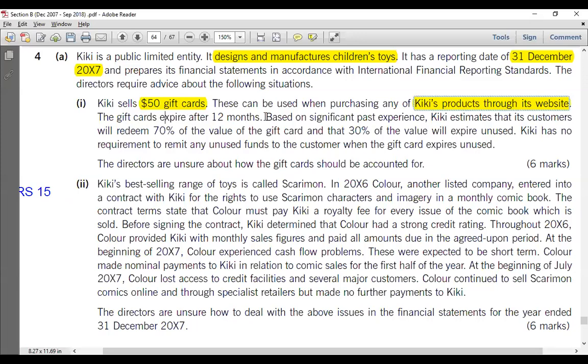The gift card expires after 12 months. Based on significant past experience, Kiki estimates that its customers would redeem 70% of the value of the gift card and 30% of the value would expire unused. So based on the past experience, we know that they will use only 70% and 30% will not be used.